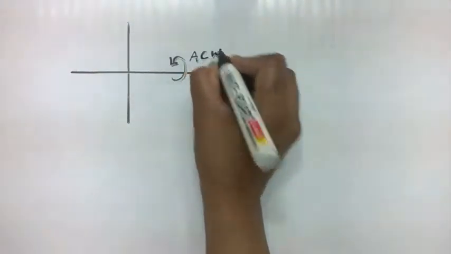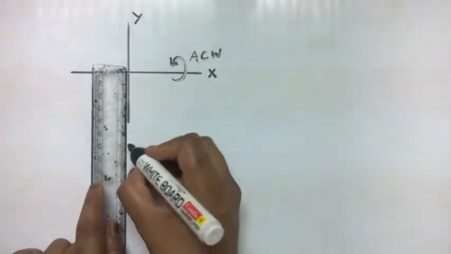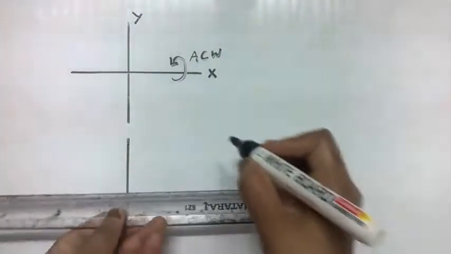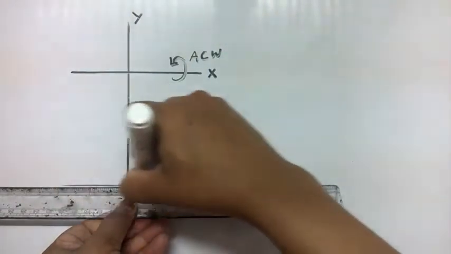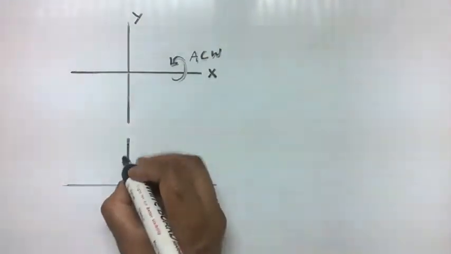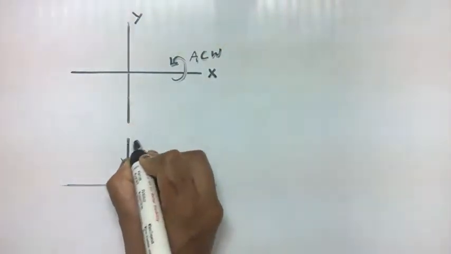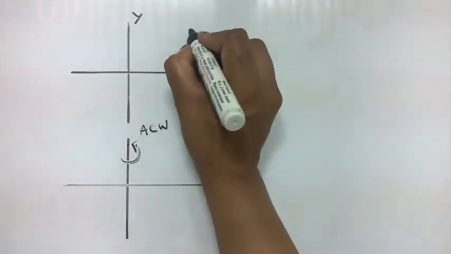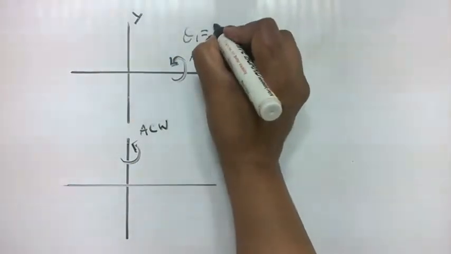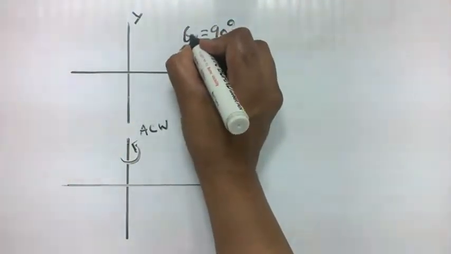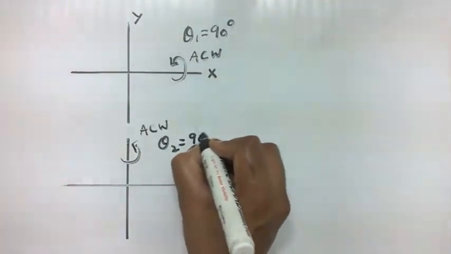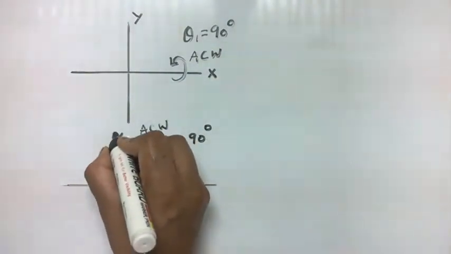Anti-clockwise along the x-axis, and after that rotate the book along the y-axis in anti-clockwise direction. Here theta 1 is equal to 90 degrees, and theta 2 is 90 degrees along the y-axis.